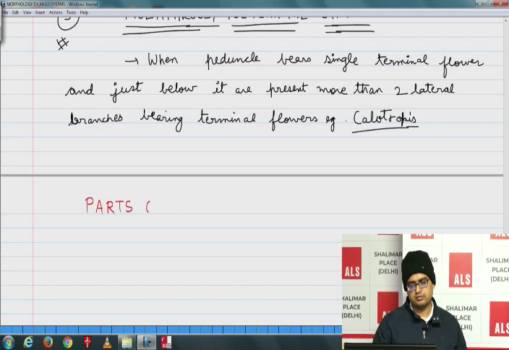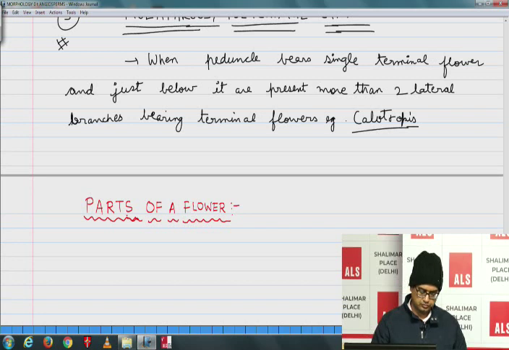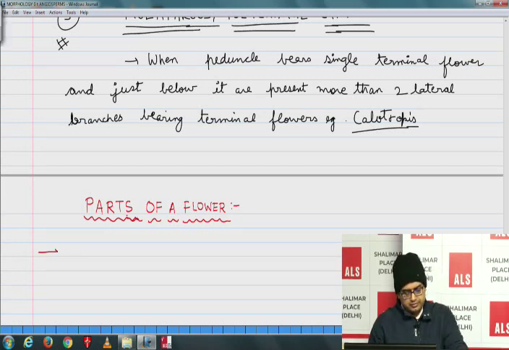Parts of a flower. Okay. Now a flower has 4 parts.